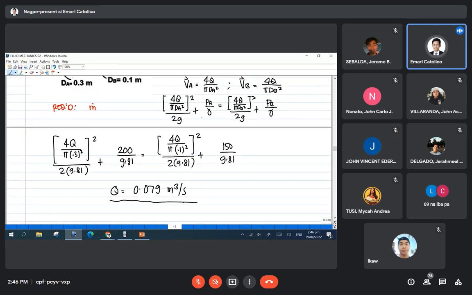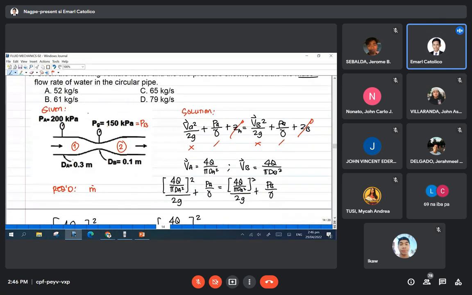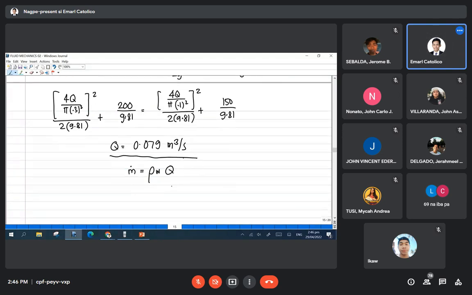Okay, ano bang tanong dito? Mass flow rate ang tinatanong. So, formula ng mass flow rate is equal to density ng water times volume flow rate. Density ng water is 1,000 kilogram per cubic meter.